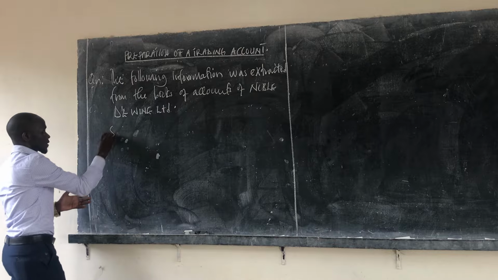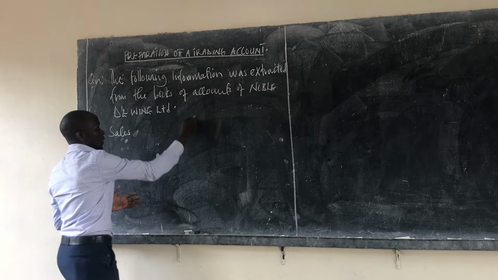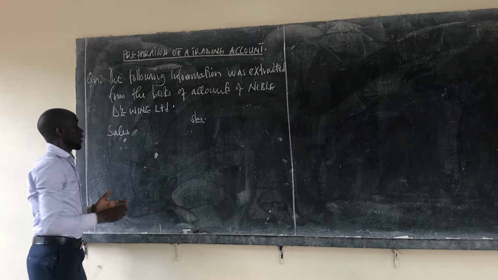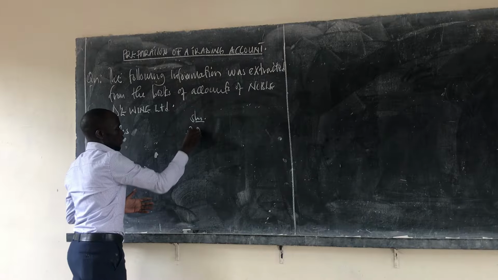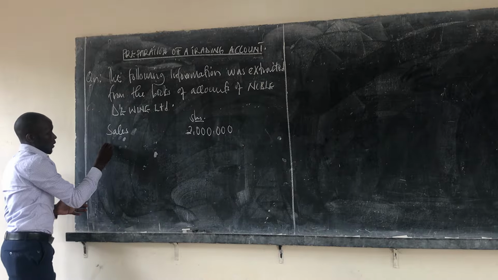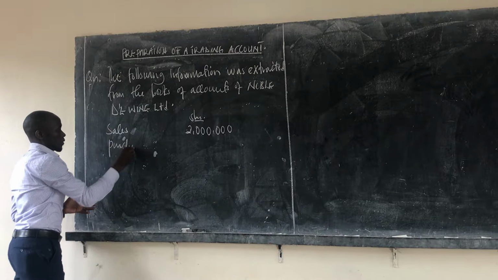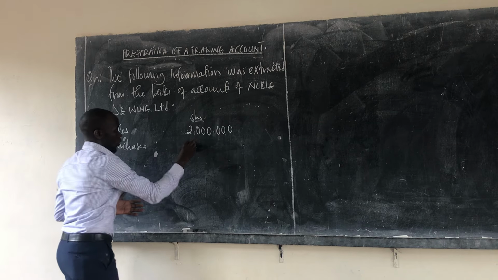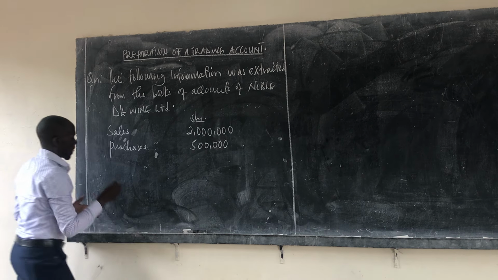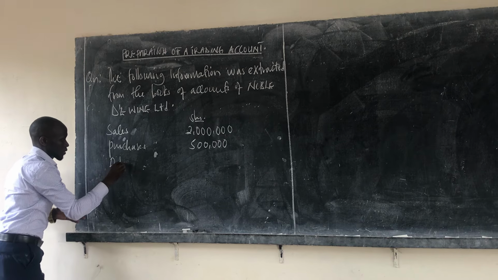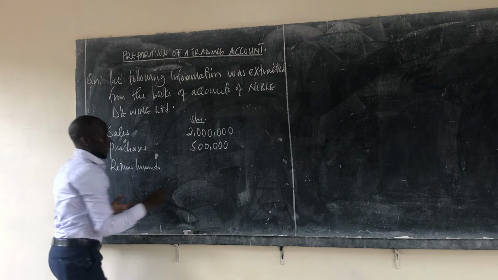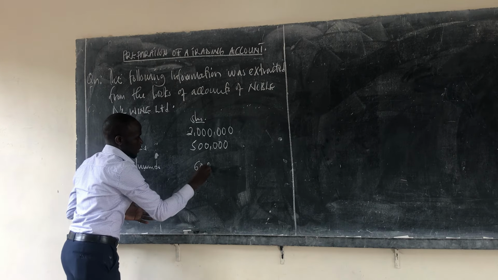Now, the sales, these are units, and in particular I'm opting for shillings. Let me assume these were 2 million. Purchases, 500,000. Returns inwards, 60,000.